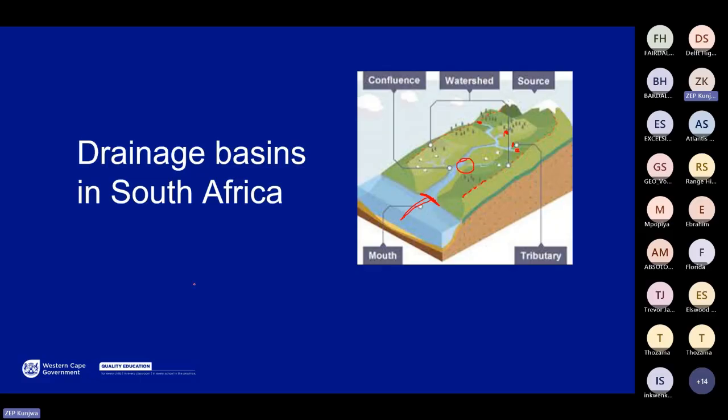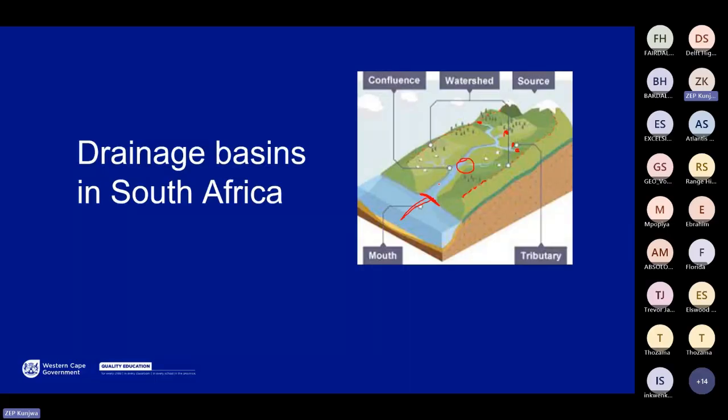And then we have a tributary. A tributary is a stream, or a small river that is joining the main river. If you look at this in map work, you will see the main river.